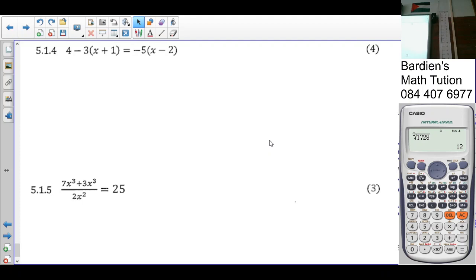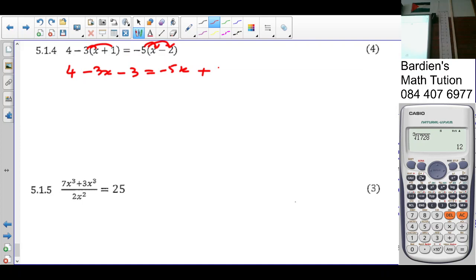You understand? Do the brackets first. So it's going to be 4 minus 3x minus 3 is equal to negative 5x plus 10. You would agree with that? Now what?